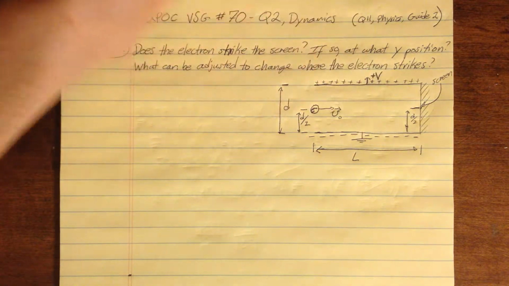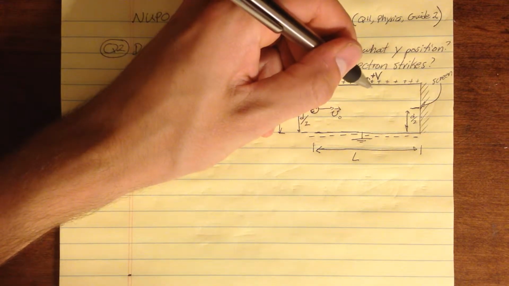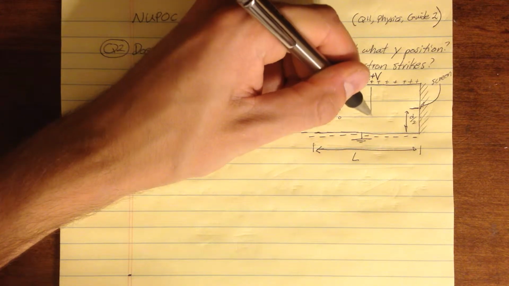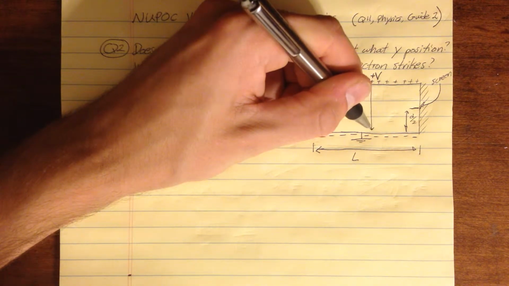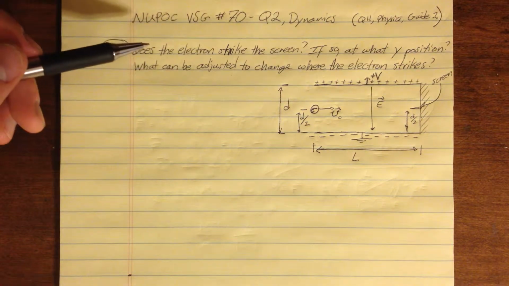So let's just say it has some negative charge there. And so we have an electric field between these two plates, and by convention the electric field vector will point from the positive charge to the negative charge.